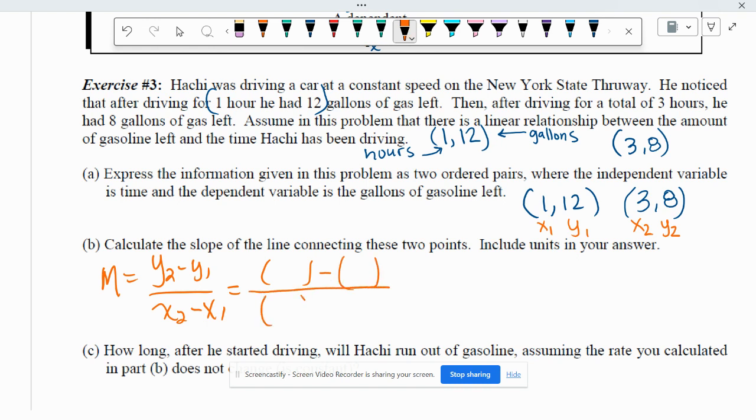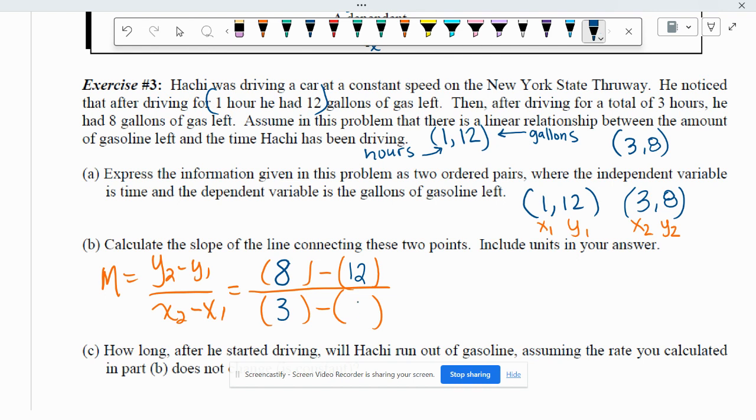Jerry, what is y sub 2? Yeah, 8. Good job. And what is y sub 1? Sophia. 12. What is x sub 2, Carter? And what is x sub 1? Carly.